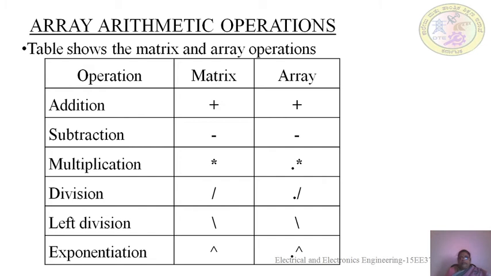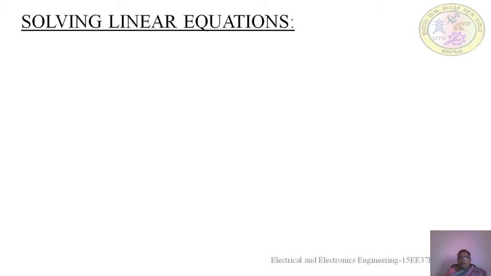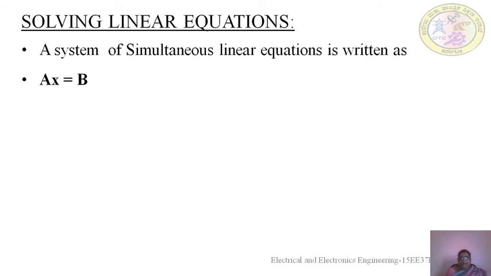Right. So, next we will see how to solve the linear equations. So, the system of linear equations will be written as Ax is equal to b. So, you have got a number of linear equations where all the linear equations will be written in this form.